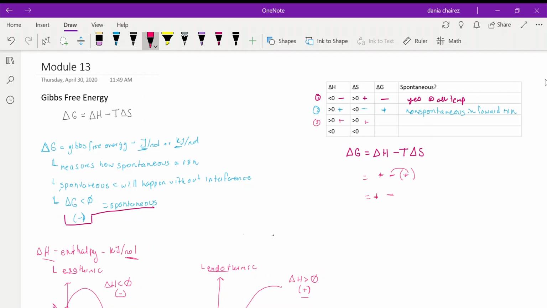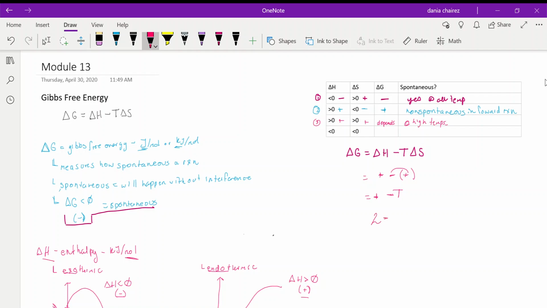So if we were to do whatever number this is minus whatever number that is, we don't really know what the sign of delta G is, so we're going to put depends here, because this is going to depend on your temperature. Because if your temperature is high enough for it to be greater than that positive, you're going to have a spontaneous reaction. So this is at high temps.